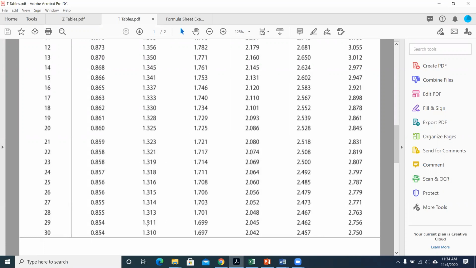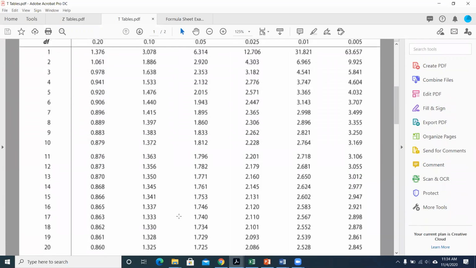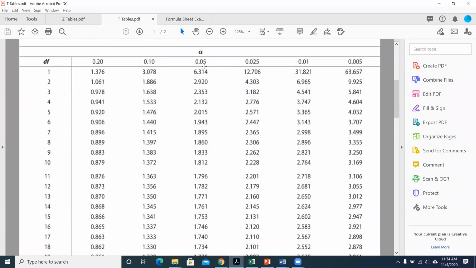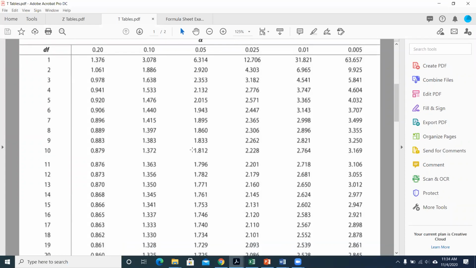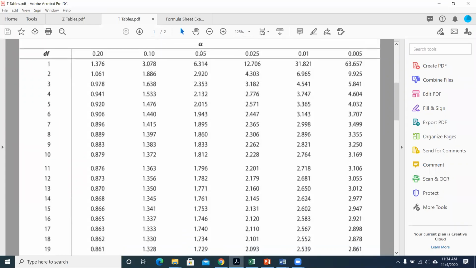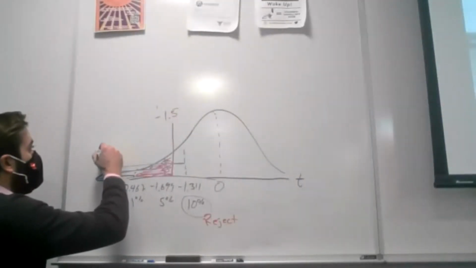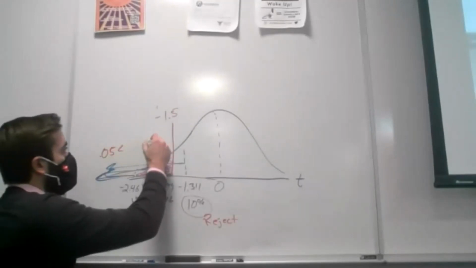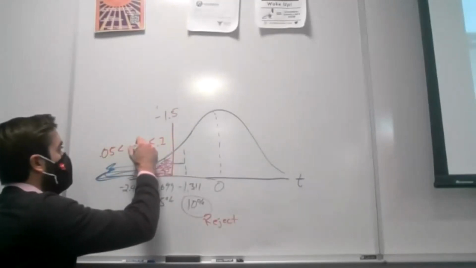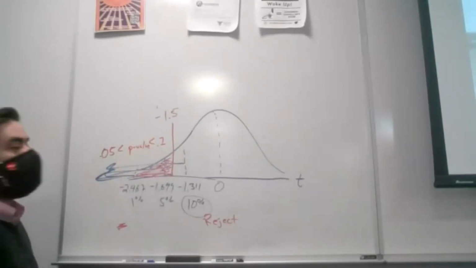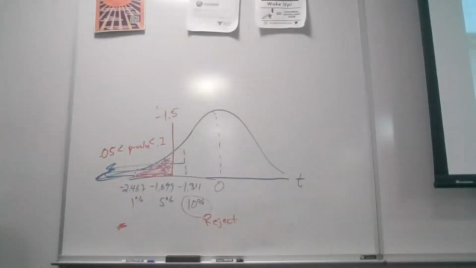The areas to the left of these two test statistics would be 0.1 and 0.05. So the area to the left of negative 1.5 would be somewhere in between. All I can really say here is that my p-value is somewhere in the range of 0.1 and 0.05.